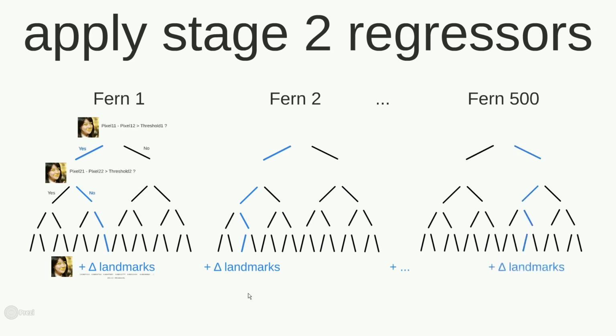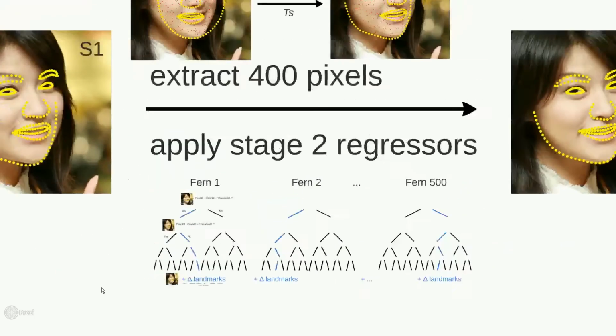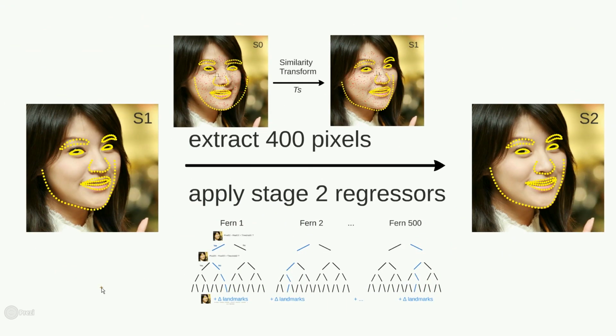We traverse this fern and we add another delta landmark. So as we apply the whole stage 2 regressors, we would have added 500 different delta landmarks to shape 1. And that would change shape 1 from looking like this to this, better approaching the desired result.